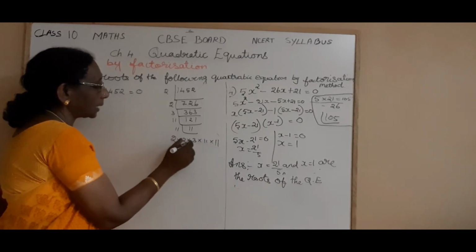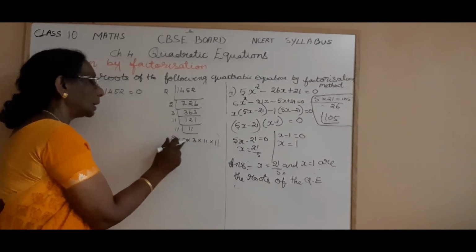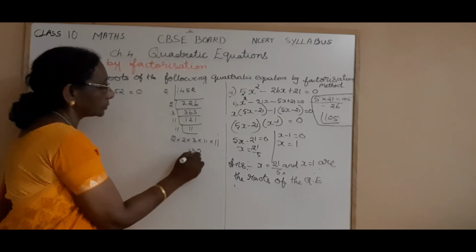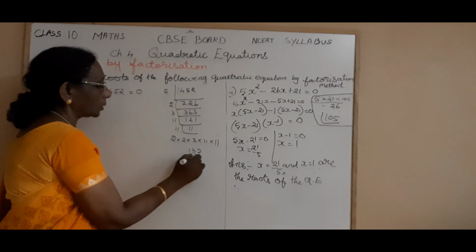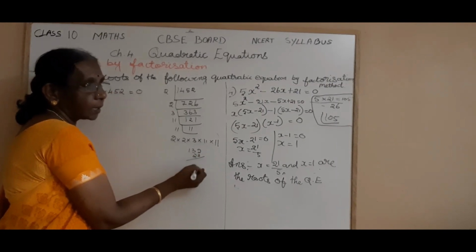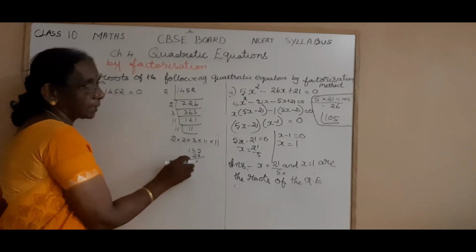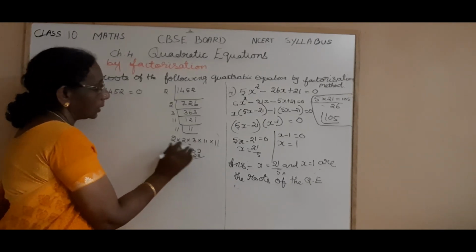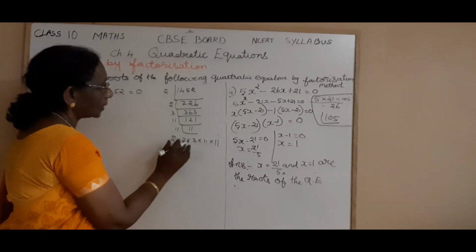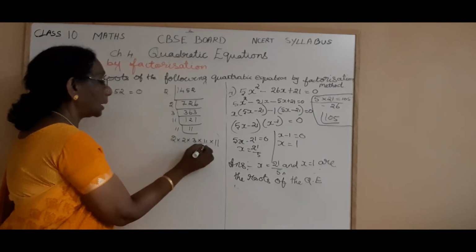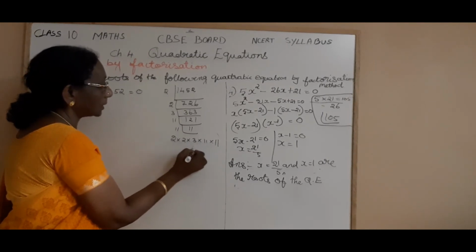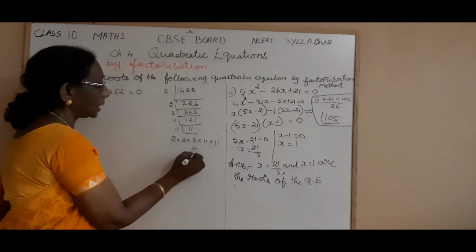Now you just multiply these two. 11 3s are 33, 33 2s are 66, 66 2s are 132. 2 11s are 22. Here we are not getting a multiple of 11, so let us move to the next one. 11 3s are 33, 33 2s are 66.